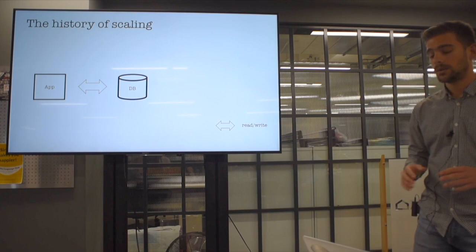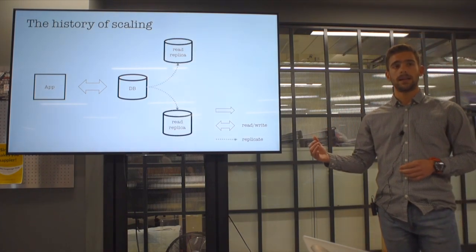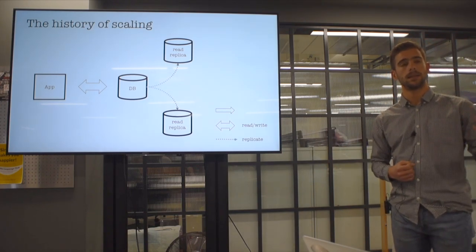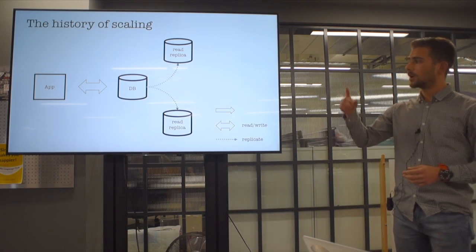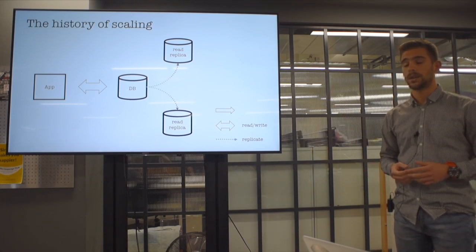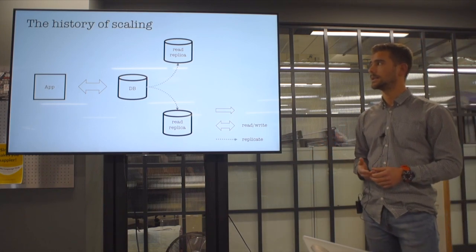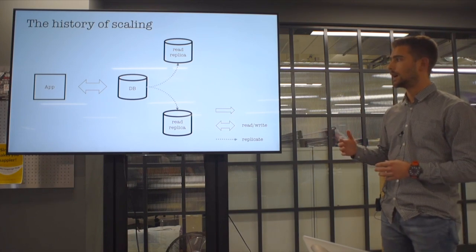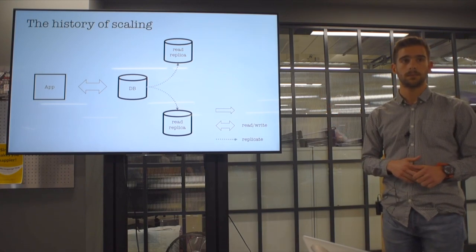The way they did that, usually, is they added some read replicas to their database, and they kept writing to a single instance, which was, let's say, the master or the primary, and writes were propagating to the other replicas, in most cases synchronously. By that, they were achieving two things. The one is they were making their setup highly available, because when the primary was failing, they could read from the replicas.